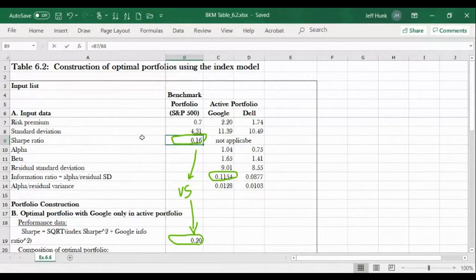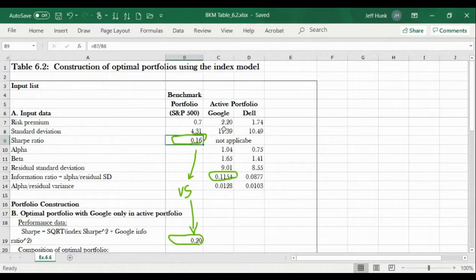Okay, that's the Sharpe ratio, right? And then the market doesn't have alpha. Beta of the market is always one. So let's take a look at Google and Dell.